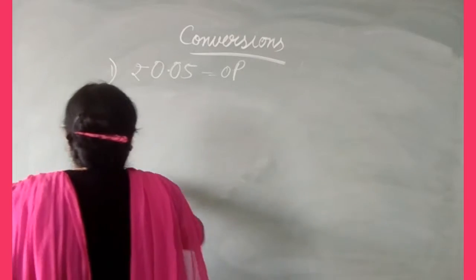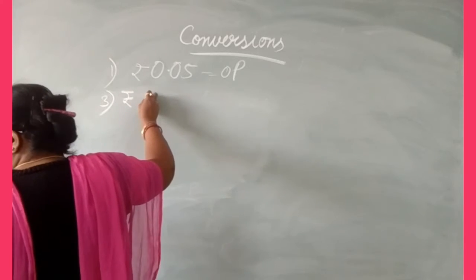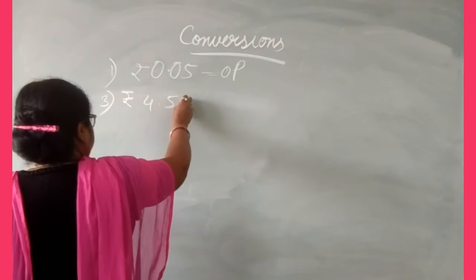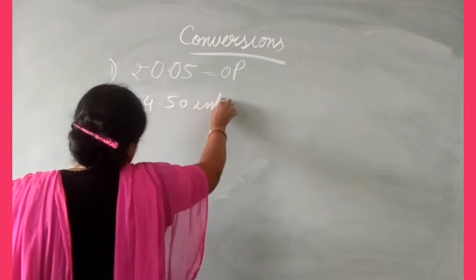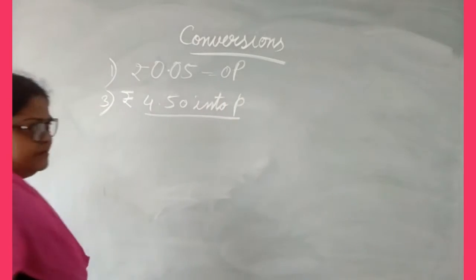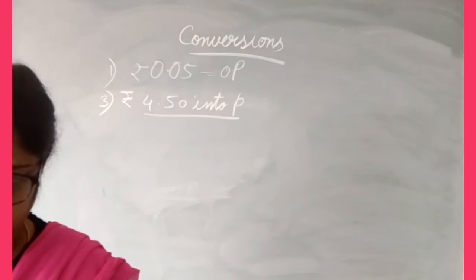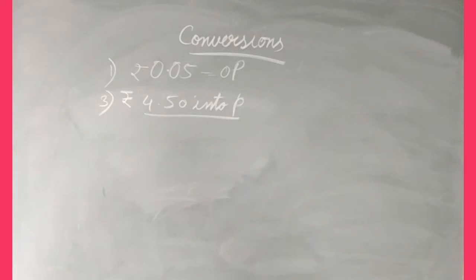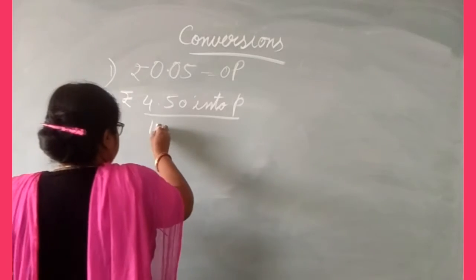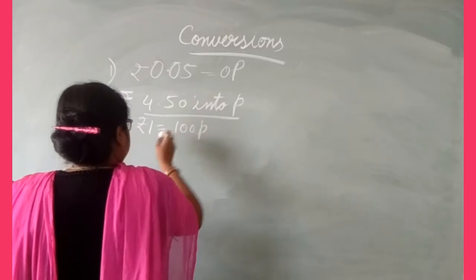So next question you can see here, number 3, rupees 4.50. You have to convert this also into paisa. So according to that, you are knowing the same thing, 1 rupee is equal to 100 paisa.